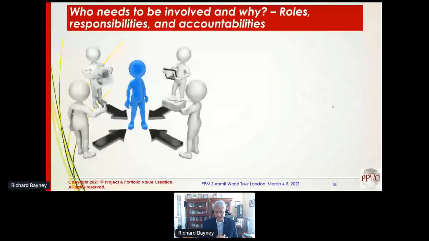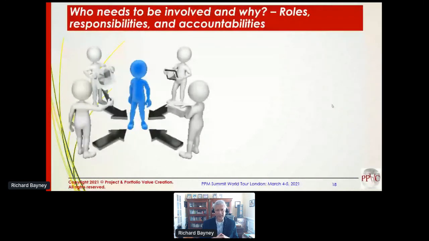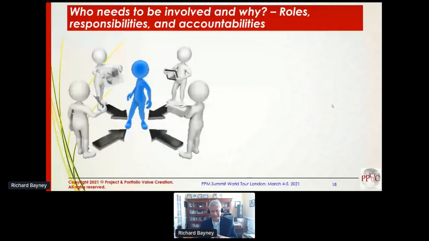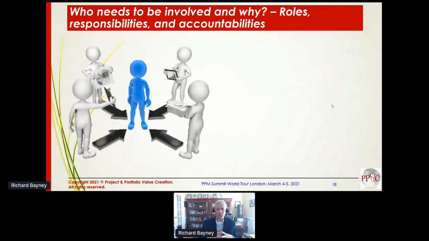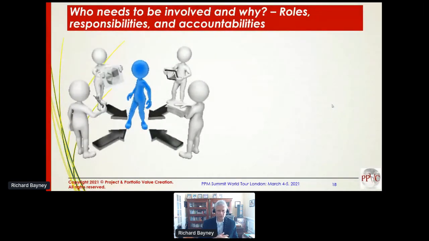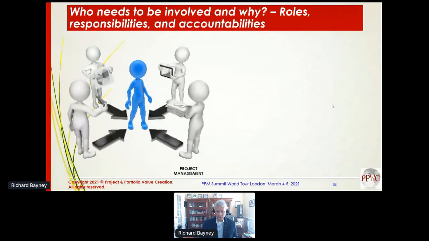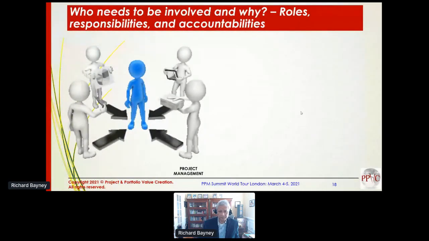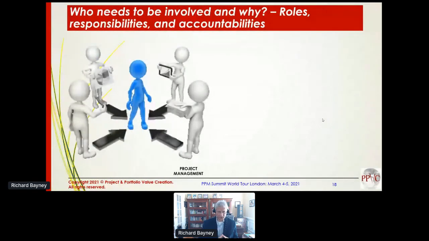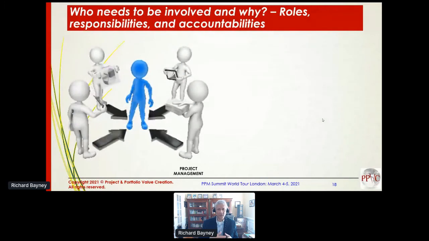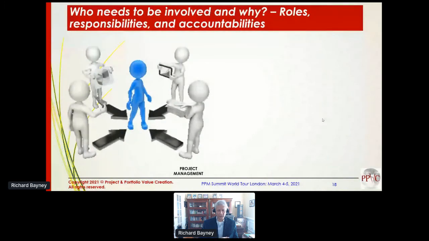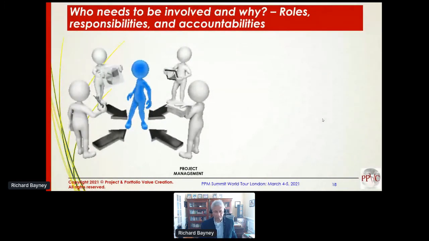Now, who needs to be involved and why? And this is simply a process question. This is not about getting data or analyzing data. This is about roles, responsibilities, and accountabilities. So let's see who these 5 folks are. 1 is project management. So clearly, project management, developing project charters and development plans, they basically house a lot of the information that's necessary to essentially value a project.